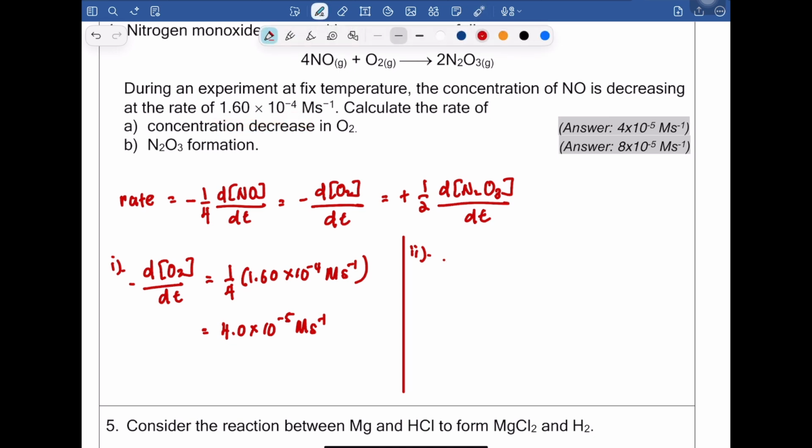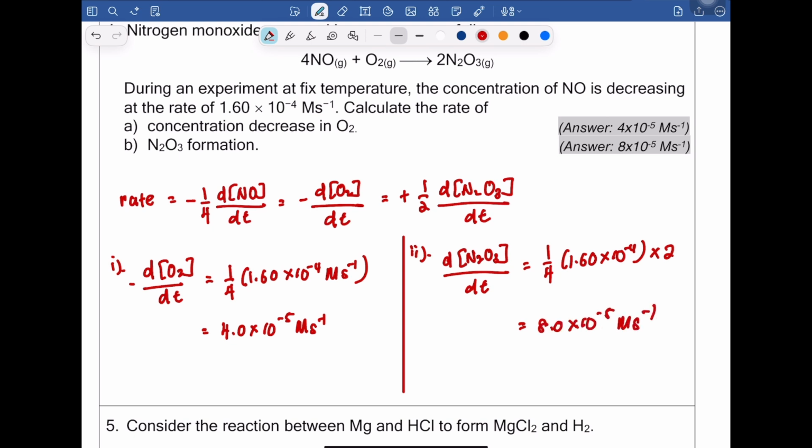So we have d, equivalent to 1 over 4, 1.6 exponent negative 4, and then times 2. So here you're going to get exponent negative 5 M s negative 1. So that is how you do the question.